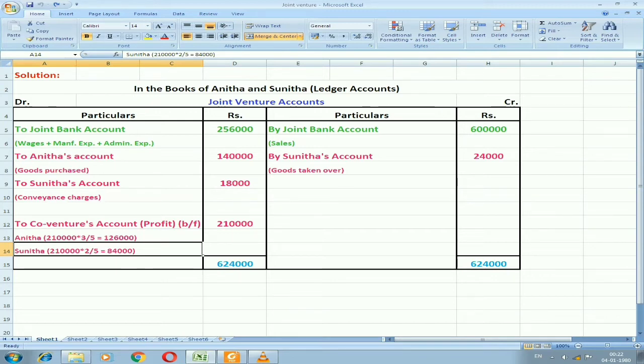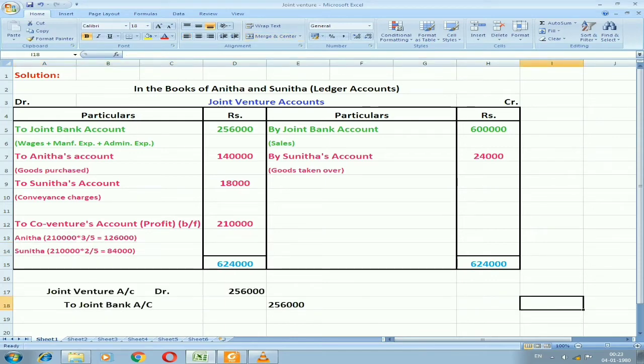Before going to the next account, let us see how the ledger entries will be transferred to journal entries. That is very important, because as we are transferring the entries to other accounts, it is necessary to know about it. As you can see, one entry I have made, that is joint venture account debtor to joint bank account. When we are converting from ledger to journal, whatever heading we used to give in the ledger account will be there in all the entries.